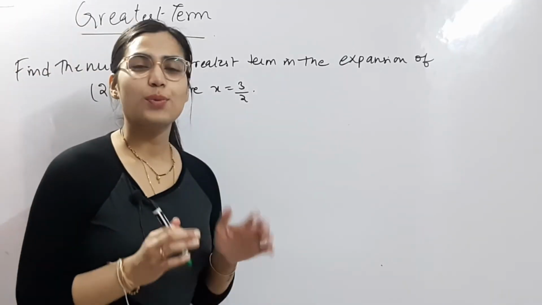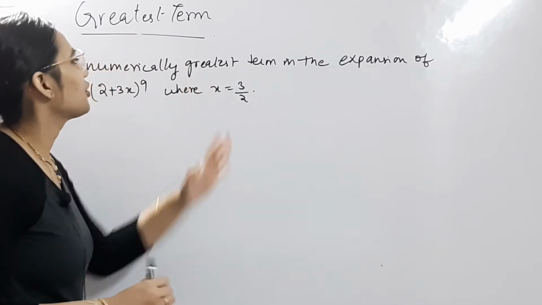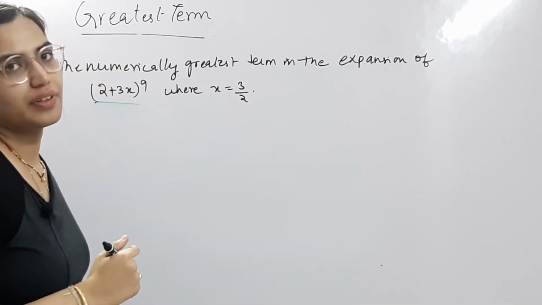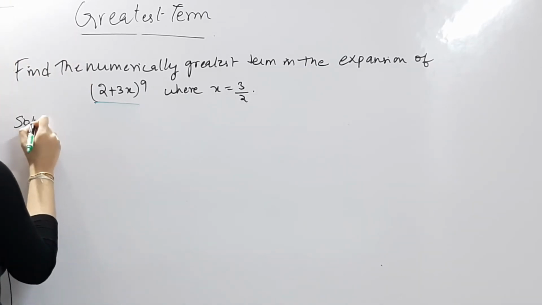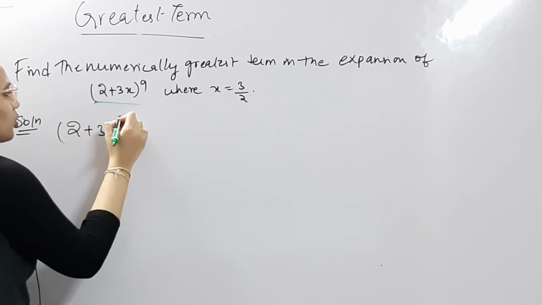So now let's see a quick problem using the concepts that were taught before. We need to find the numerically greatest term in the expansion of (2 plus 3x) whole power of 9, where x is equal to 3 by 2. So now what we do is, first we'll see the binomial expansion. It's given as (2 plus 3x) whole power of 9.